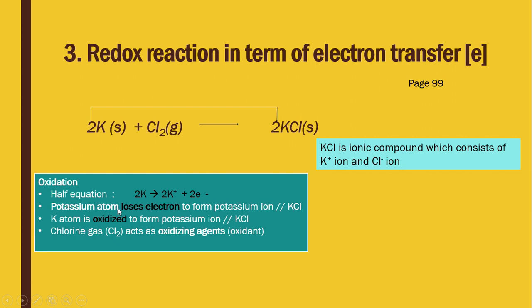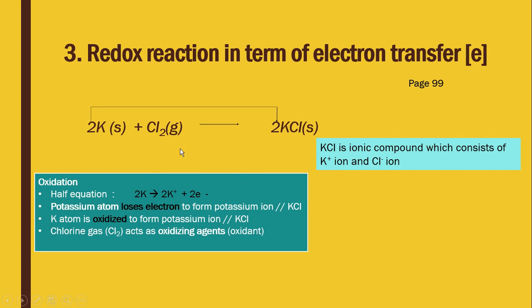In other words, we can describe it: potassium atom lost 2 electrons to form potassium ion, or you can write KCl, no problem. K atom is said to be oxidized to form potassium ion. These two points have the same meaning. So here chlorine gas acts as the oxidizing agent, which causes the potassium atom or metal to be oxidized to become potassium chloride.